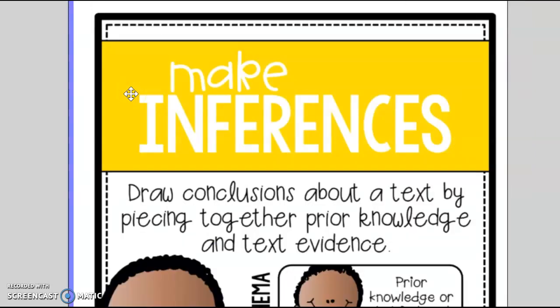The other comprehension strategy that we are focusing on this week is making inferences. So let's take a closer look at that comprehension strategy. When you make inferences, you draw conclusions. You draw conclusions about a text by piecing together prior knowledge and text evidence.